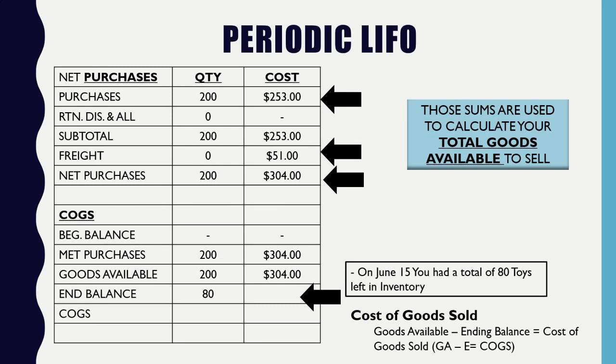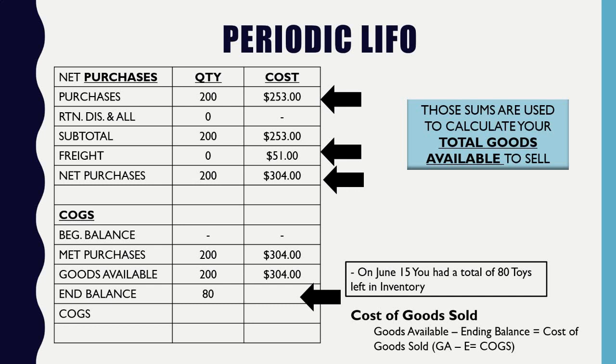the bottom half of our inventory worksheet like we've been doing before. So here we plug in all those numbers that are going to be linked, such as the quantity. We purchased 200 items at a purchase price of $253. I'm not going to teach you returns and allowances just yet, so our assumption is that our subtotal is the 200 at $253.